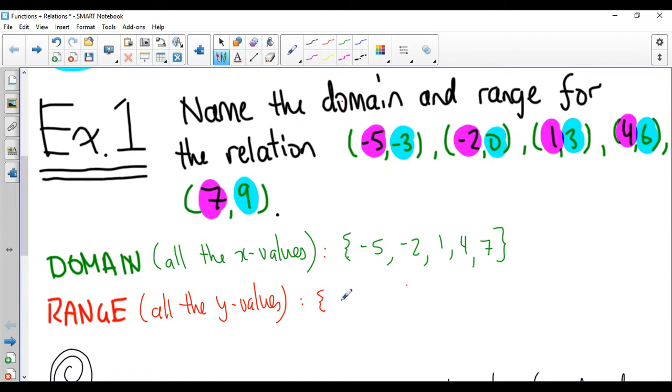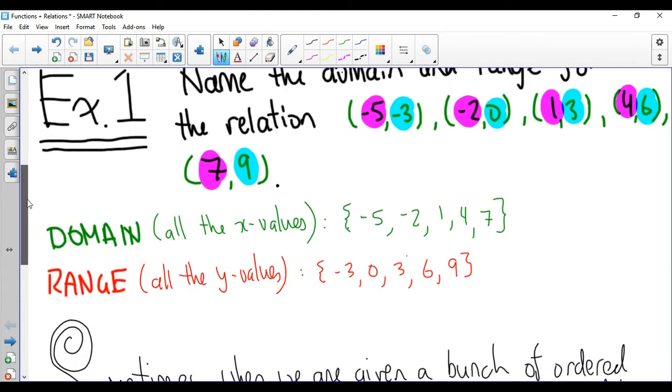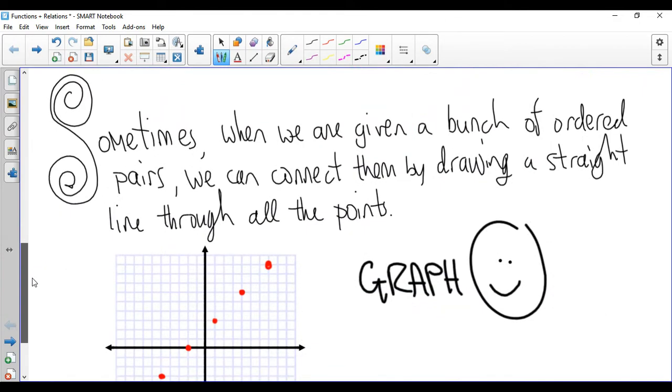Okay, cool. -3, 0, 3, 6, and 9. All right? And that is it. The domain is all the x values. The range is all the y values. And again, we were given this relation that only had 5 points. That's it. All right, so hopefully that makes sense.